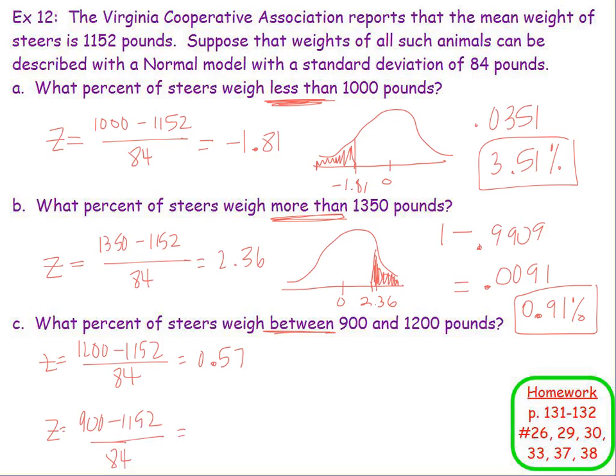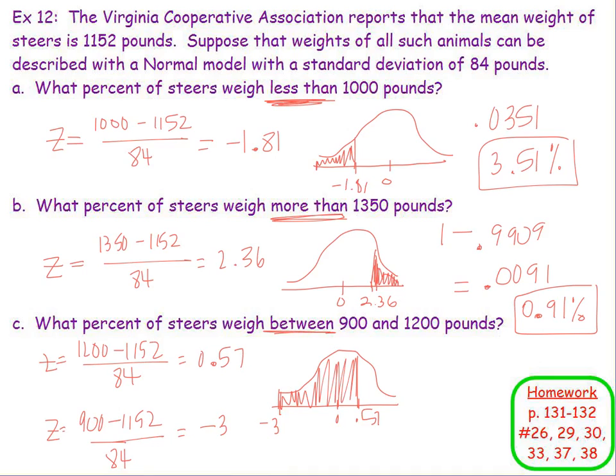I end up with -3. 0 is in the middle. 0.57 is on the right. -3 is way over here on the left. And I'm shading between them. So I look up both of them and I subtract.